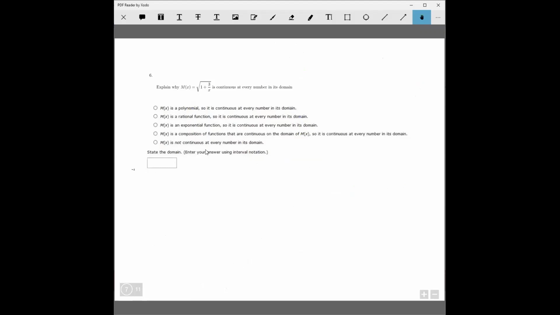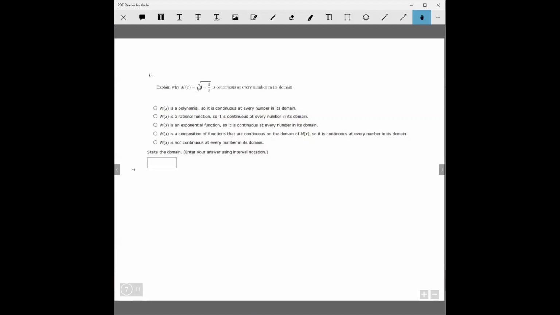Some examples would be polynomials, rational functions, exponential functions, composition of functions. But it turns out that pretty much anything you can write down in closed form is going to be continuous at every number in its domain. So that's the quantifier right there.